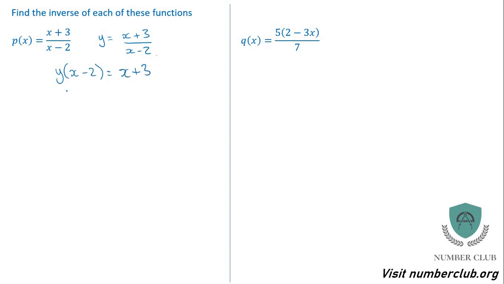Now I don't like that there's brackets. I like everything to be flat and expanded. Okay, so flatten it out, get it expanded. Now I'm going to get all of my x's on the exact same side as each other. So we'll have yx, this will turn into a negative x, equals positive 3, this will turn into a positive 2y. Get them all on the same side, factor out your x.